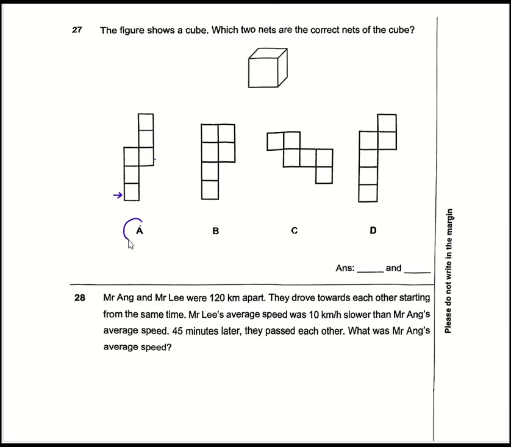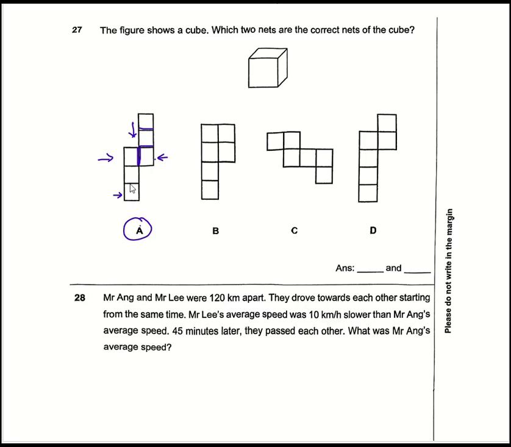So A definitely is the right answer, because imagine doing this, flipping this along this border line here. Now when you bring this up, this will be this side of it, and this will be this side of the cube, and this will form this side of the cube, because after you bend it up, you also bend along these edges to form this side and this side.